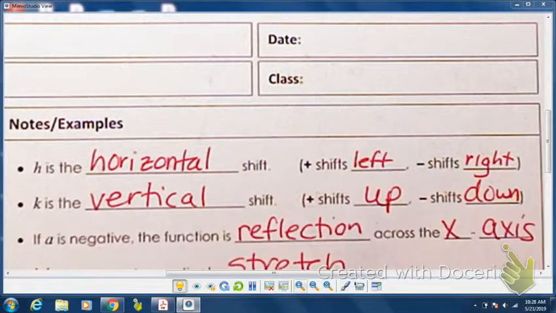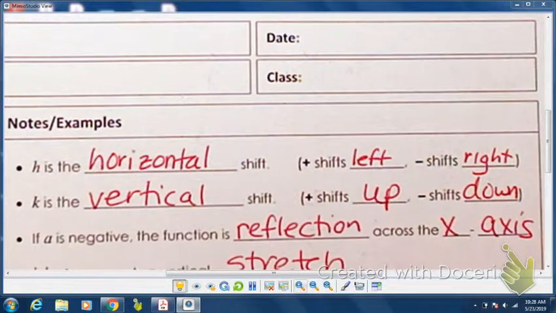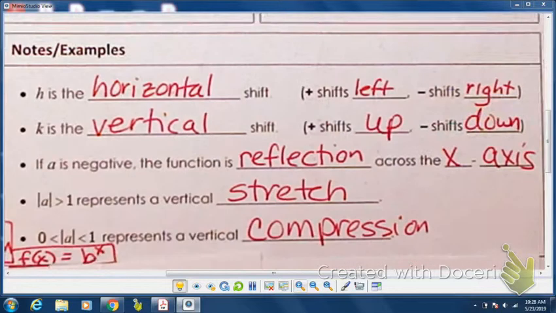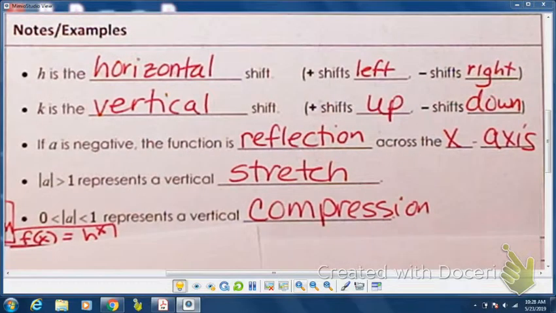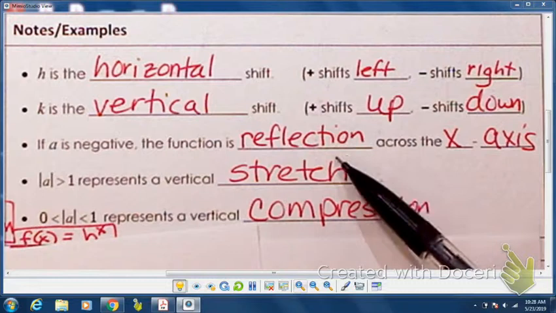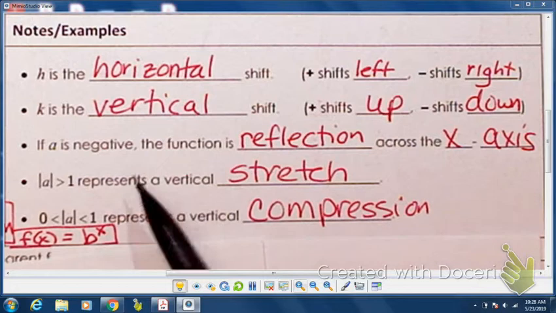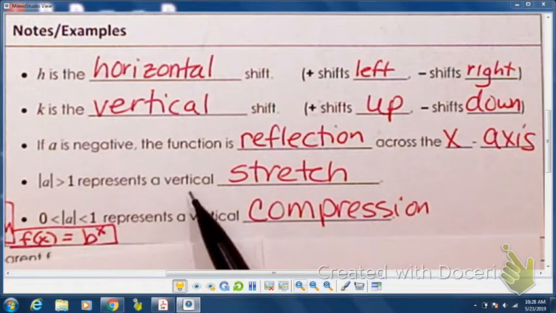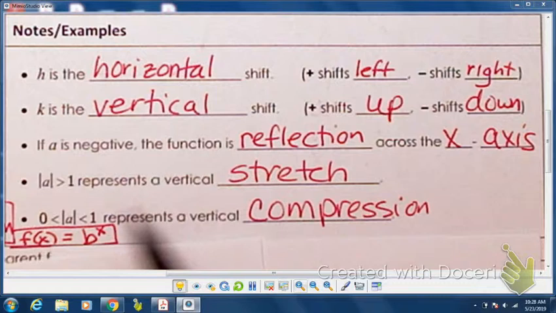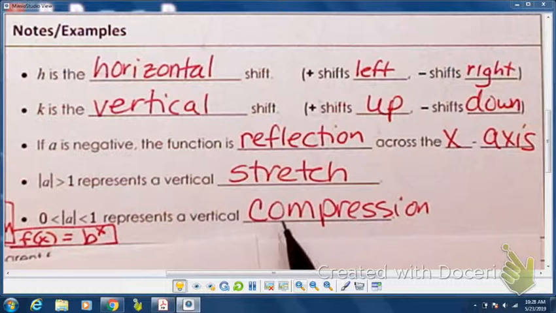If A, which is the coefficient in front, is a negative number, then the function is a reflection across the x-axis. If A is greater than 1, that represents a vertical stretch. If A is less than 1 but still bigger than 0, it represents a vertical compression, so the function gets kind of squished together.